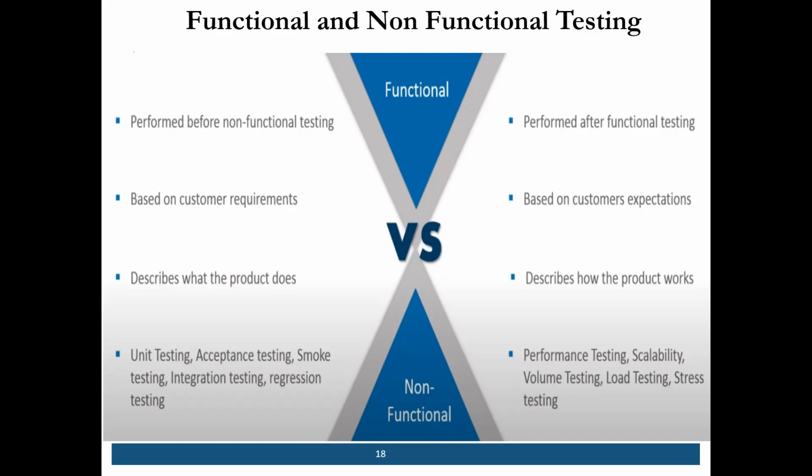Okay, they have fixed it, they have given it to us, and then what we have to do? We have to do the retesting, like whether those defects are fixed or not. And then again, we do the regression testing that after fixing those defects, whether it is affecting the other areas or not. That is called as regression testing.